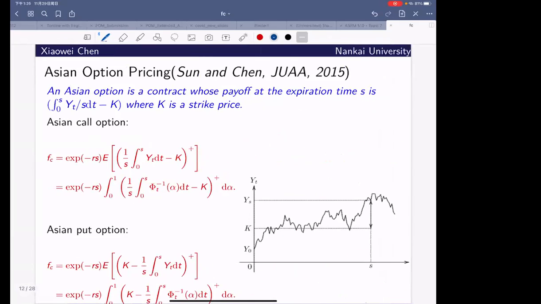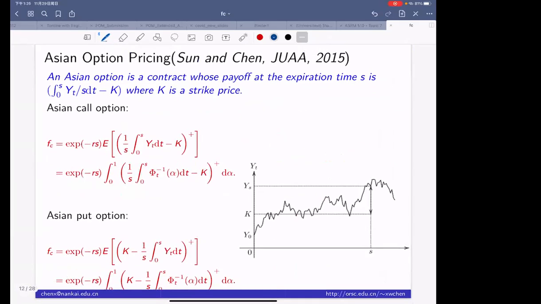And if we move our attention to the Asian option pricing formula, we take the expectation of the average, over some time period, of the traded underlying asset price.